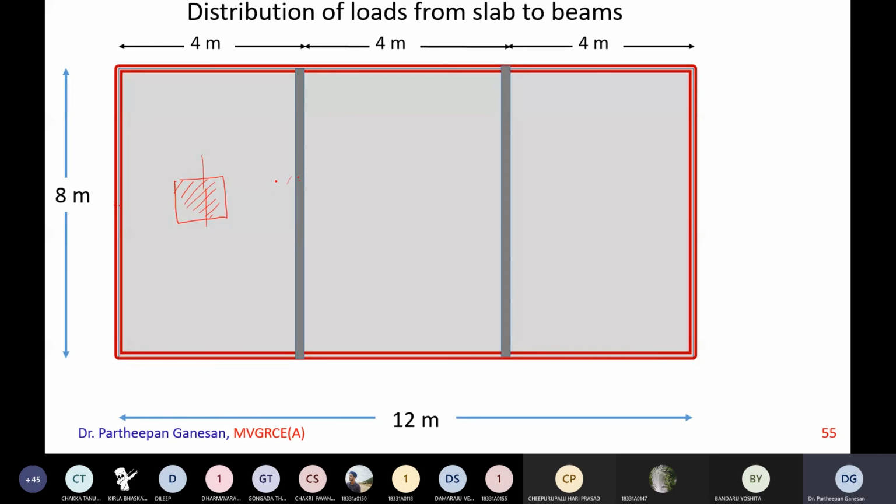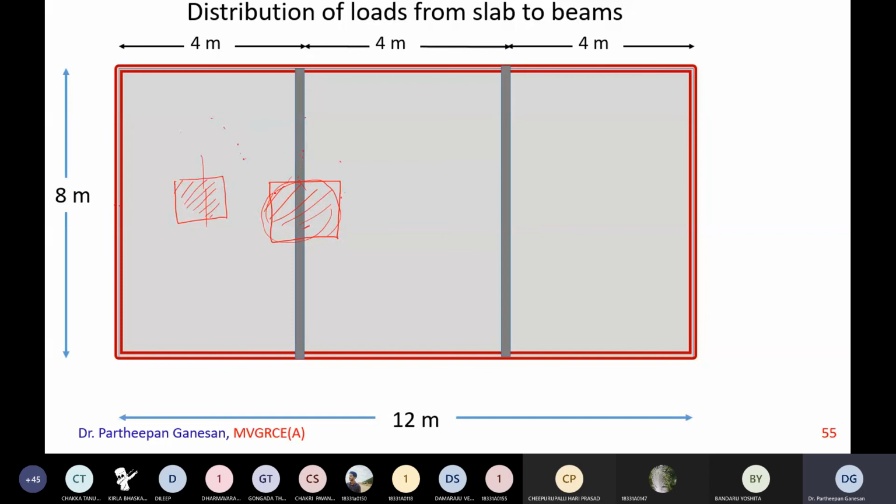Suppose your load itself is on top of the beam, then this beam only is going to take all this load. But if it is a distributed load, distributed all over, so many kilonewton per meter square, then it will be distributed according to whether it is one-way slab or two-way slab. That we will see in the fourth unit.